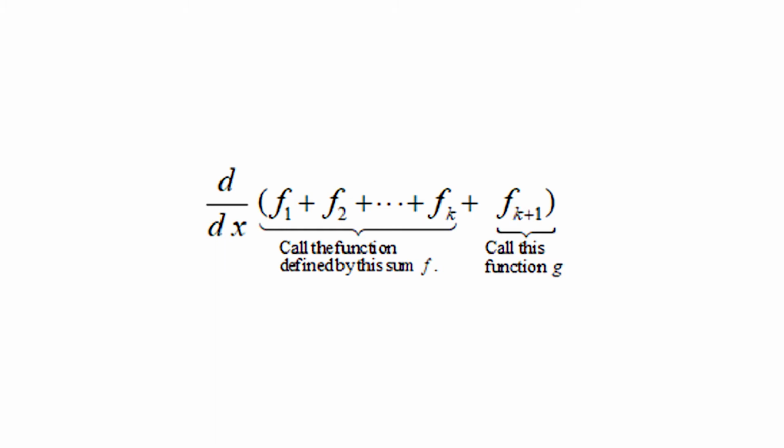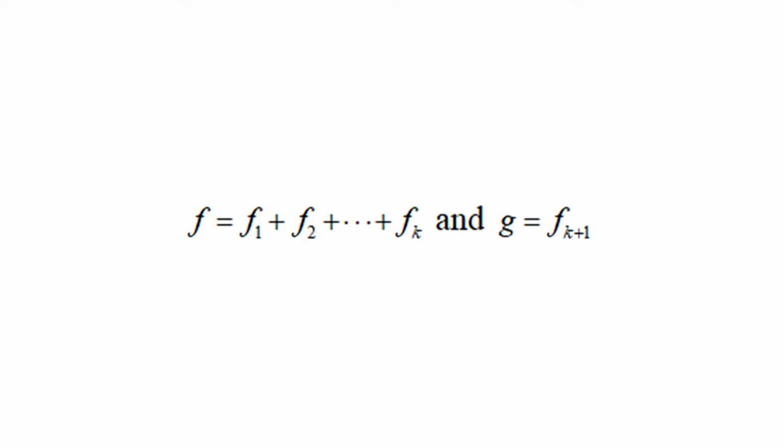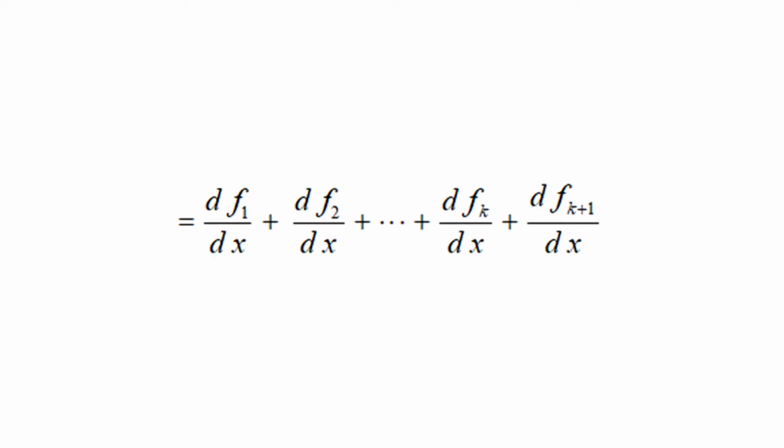Then d/dx of f1 plus f2 plus etc. plus fk plus 1 equals d/dx of f1 plus f2 plus etc. plus fk, plus dfk plus 1/dx, by the sum rule with f equal to f1 plus f2 plus etc. plus fk and g equal to fk plus 1, which is equal to df1/dx plus df2/dx plus etc. plus dfk/dx plus dfk plus 1/dx.